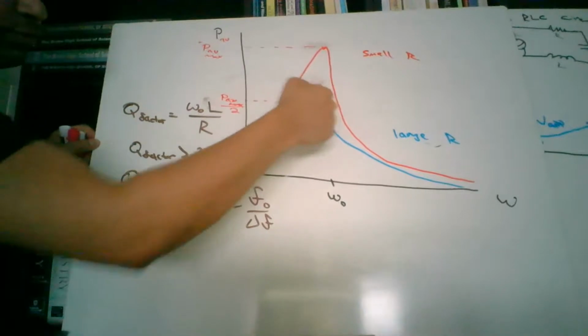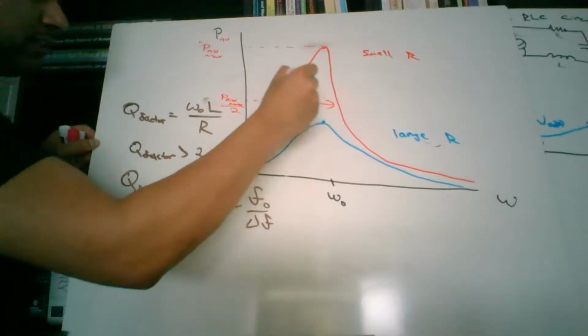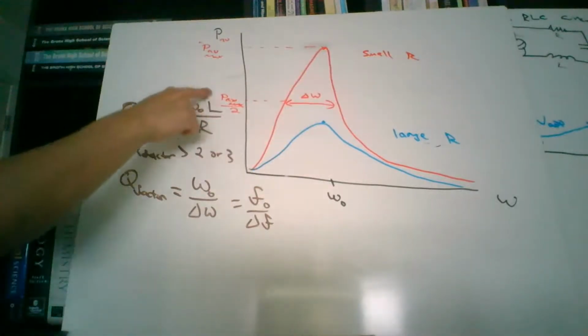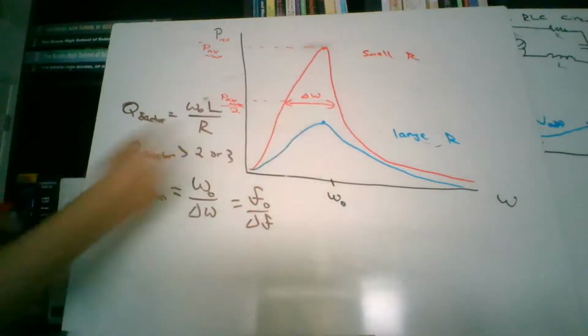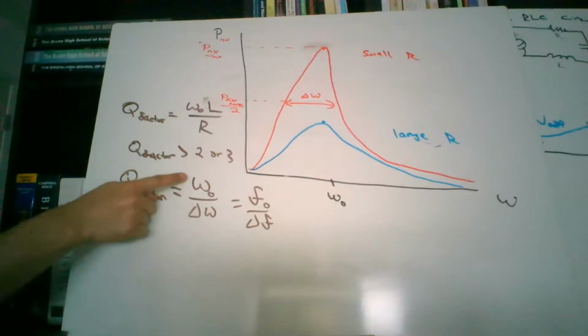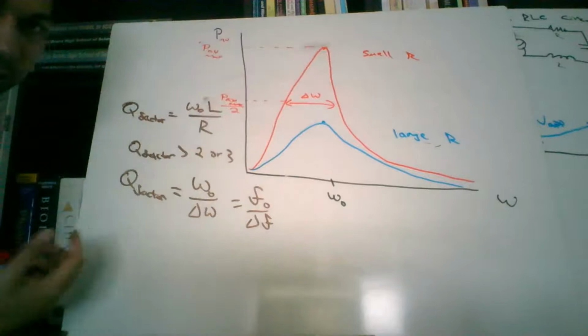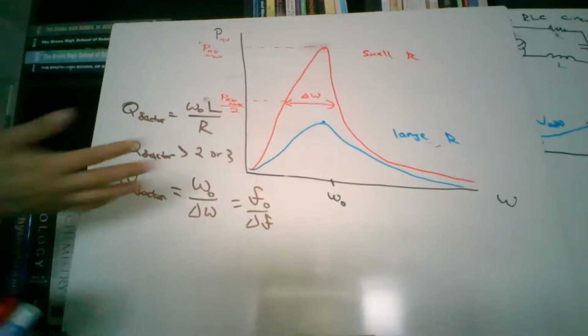And the distance between here and here is delta W. So if you take half of the average power maximum and you look at the distance between the 2 points right there, that's going to be the delta W that we use. And if you do this divided by that, it'll tell you how strong that Q factor is going to be. If it's very large, you're going to get a very large spike there. How do we use this?